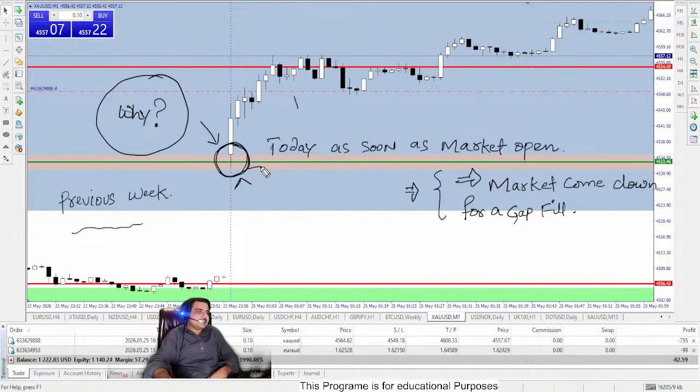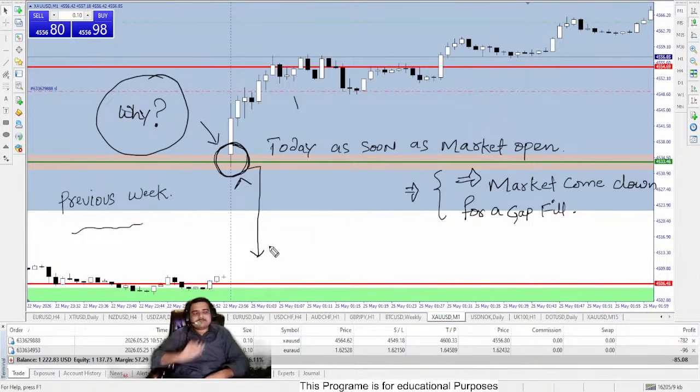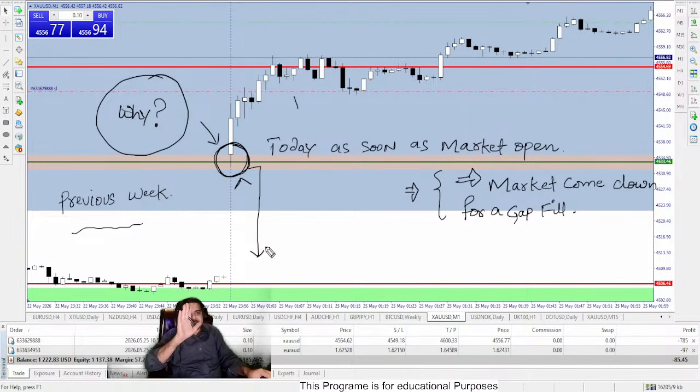So why did it not immediately fill the gap? This is what one needs to understand. Then I will say that trader is a very good, very perfect and very decent trader. Clear?